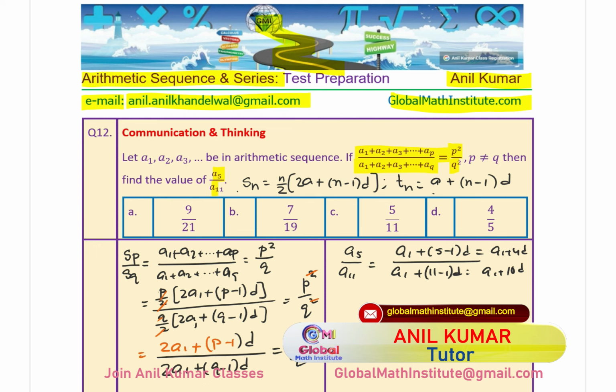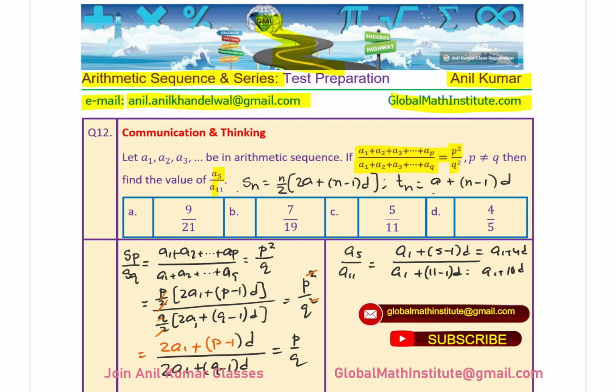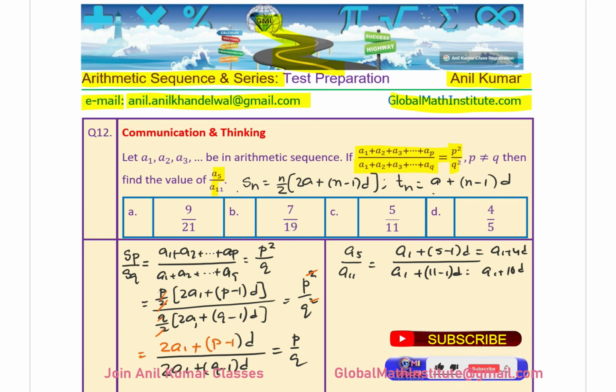Well, here we have 2a1 kind of, right? So what I could do is simplify this, multiply by 2.